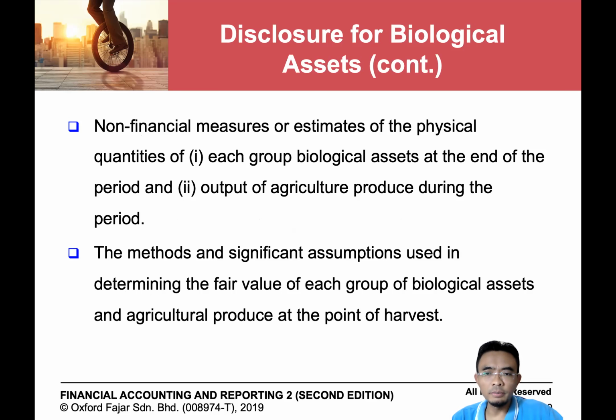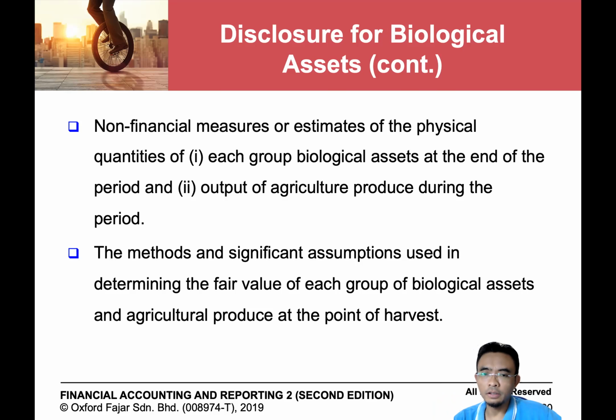Non-financial measures or estimates of the physical quantities of each group of biological asset at the end of the period and the output of agricultural produce during the period. So this is also a need for us to disclose the physical quantities of the biological asset. Okay, for group A tadi, group A cows, how many of them, and the output of the agricultural produce during the period.